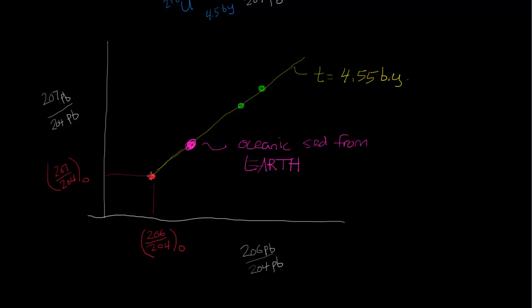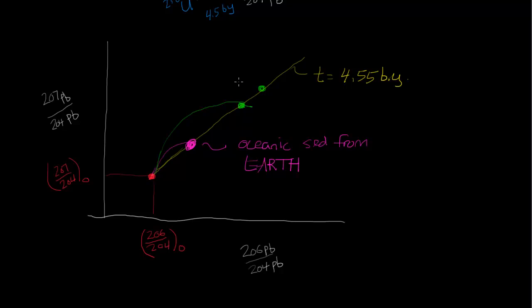In other words, it must have started down here with the same initial compositions of lead and then evolved along a path that in 4.5 billion years took it to there. And just like the other meteorites, it falls along the same isochron line.